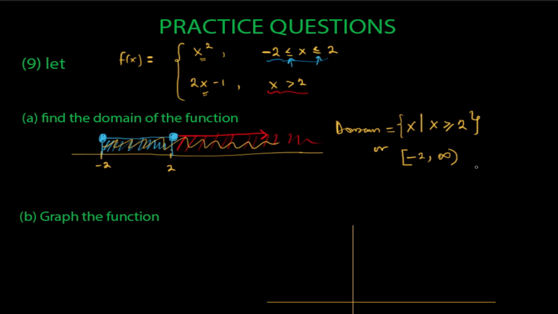You should note, do not write a square bracket next to infinity. It is customary to always write the infinity sign with the ordinary bracket and not the square bracket. So you should watch out for that.